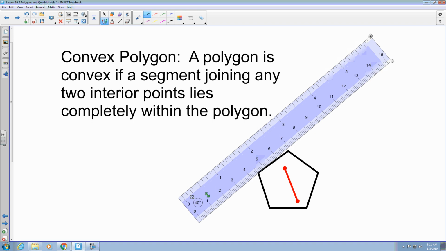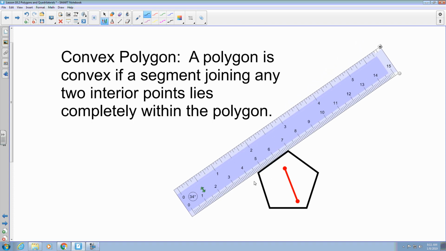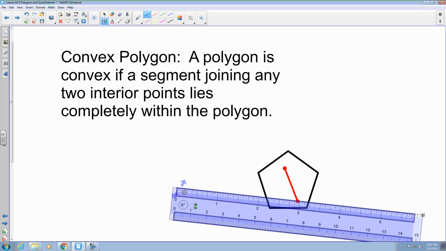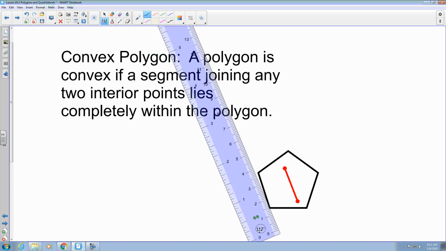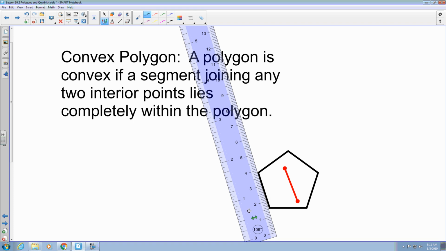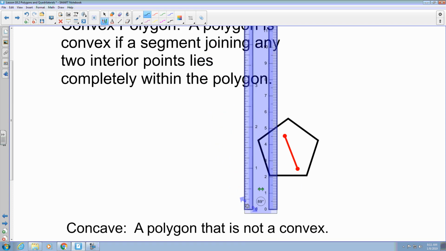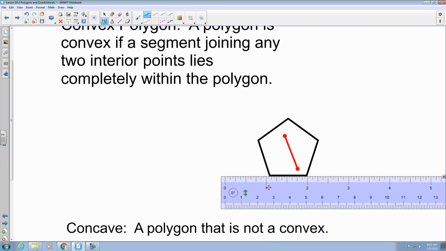So I can't do it that greatly. So if I go here, okay. First off, I look at this, I line up my straight edge, and no part of my straight edge lies inside that particular polygon. And what I have to do is check it with every single side in order to prove this point. Because if it just happens to be one side doesn't work, it's considered convex.